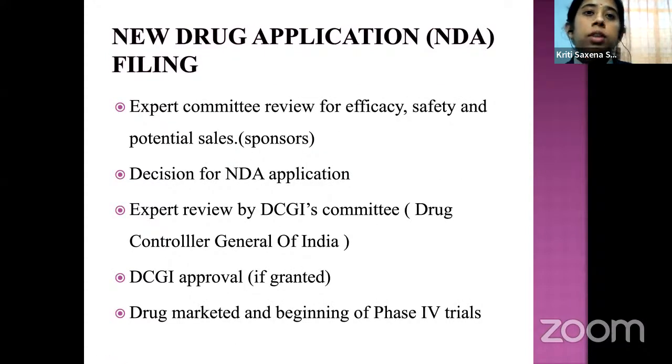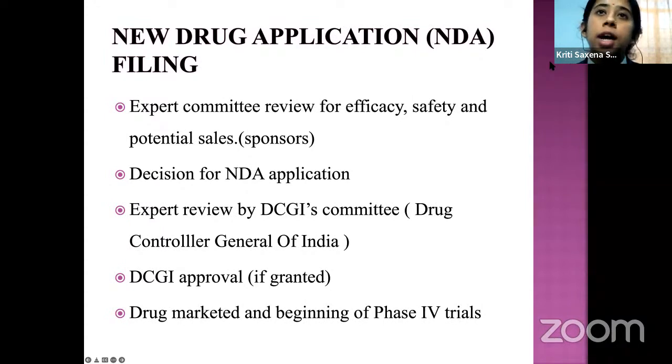So here we have run through phase 1, 2, and 3 of the clinical trials. In phase 1, we use healthy volunteers. In phase 2, we use disease patients. And in phase 3, we use a large number of disease patients to obtain the safety, efficacy, and potency data. After promising results in phase 1, 2, and 3, we apply for the NDA.